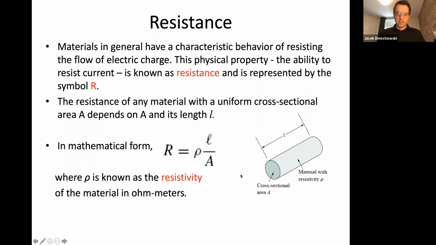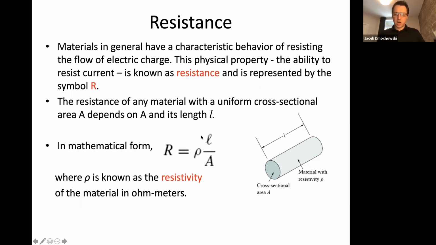And this is the relationship when you're talking about a cylindrical wire that has a cross-sectional area of A and a length of L. And so this cylinder, you can think of it as a wire, is made up of a material that has an intrinsic resistivity called rho.